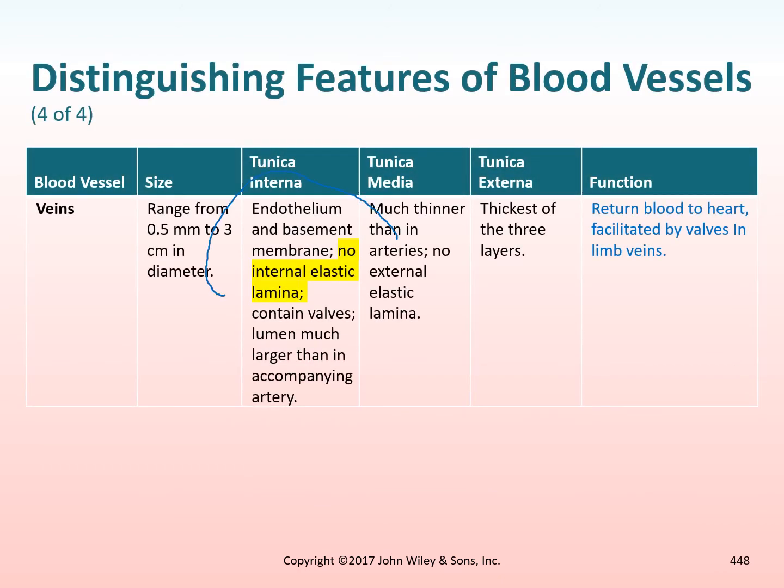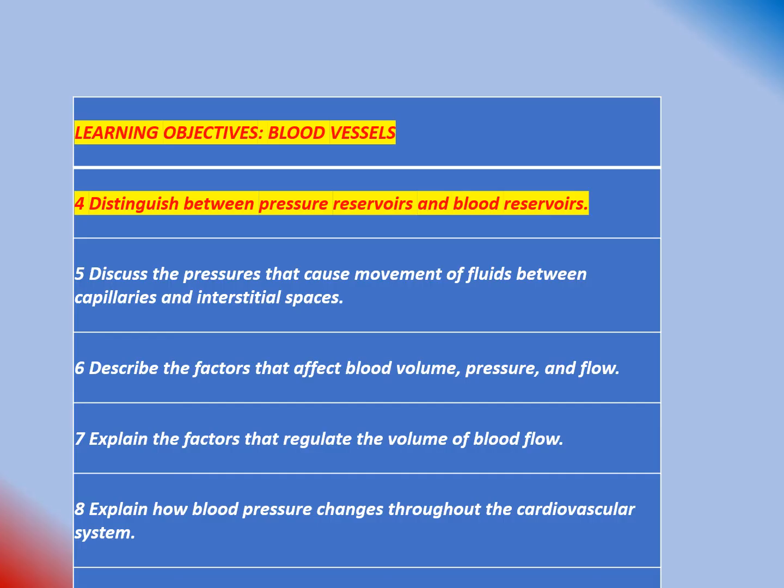The veins don't have an internal elastic lamina like the arteries do. They basically return the blood to the heart, and they have valves. And they're much thinner than the arteries, but they are much larger as far as their lumen. Most of the blood is in our veins and venules.